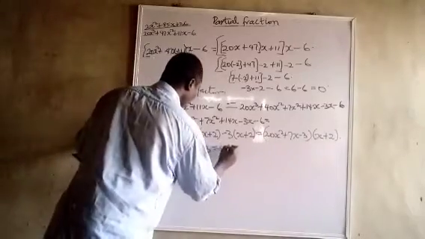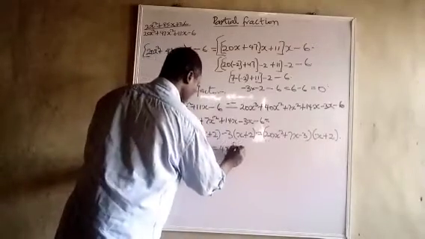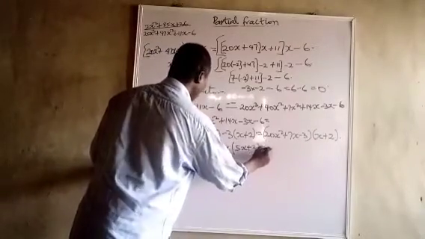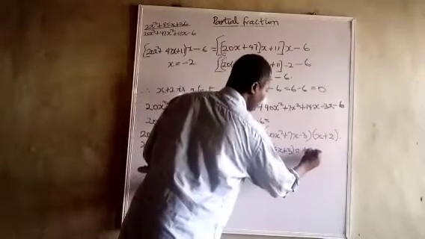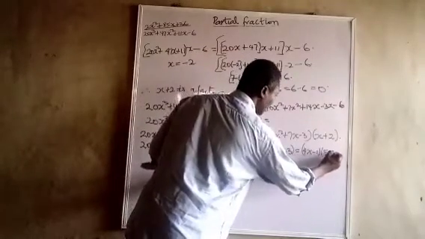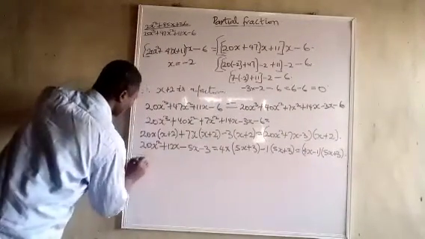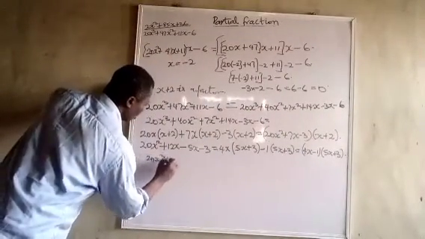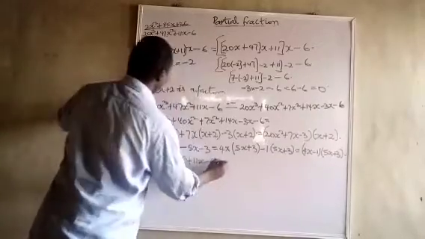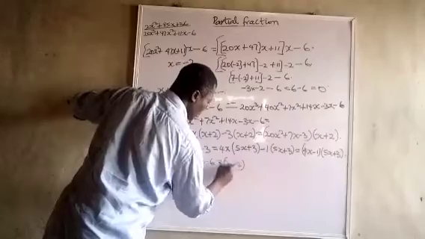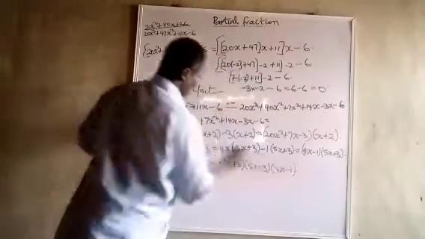So I have 4x into 5x plus 3 minus 1 into 5x plus 3. So which is 4x minus 1 into 5x plus 3. So very easy and straightforward now. Therefore, I can say that 20x cubed plus 47x squared plus 11x minus 6 is equal to x plus 2 into 5x plus 3 into 4x minus 1.